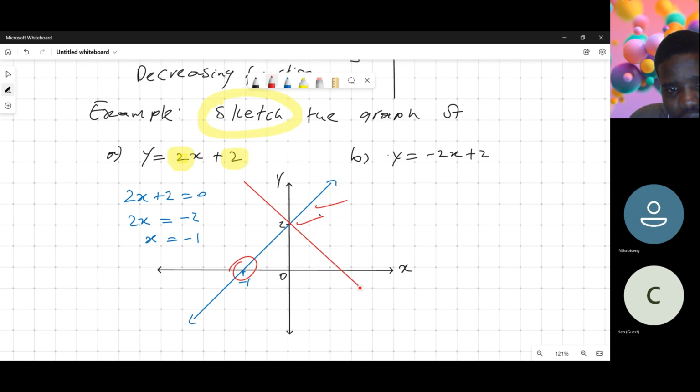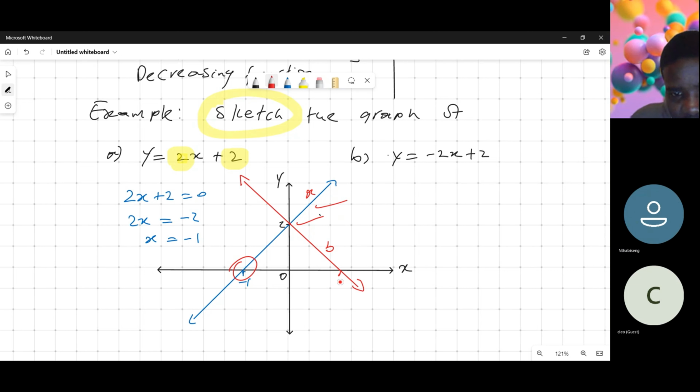There you are. This is the equation. This is number A. This is number B. Then the next thing we're going to do is solve for x here by putting y equal to 0.